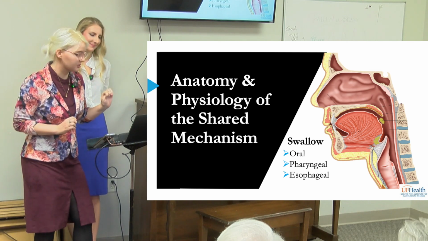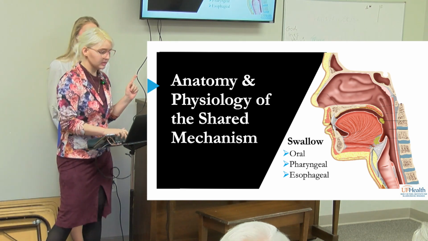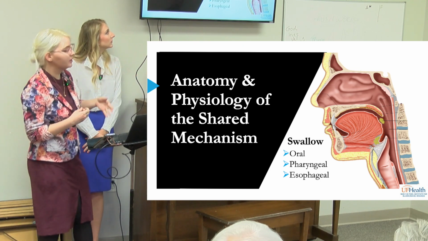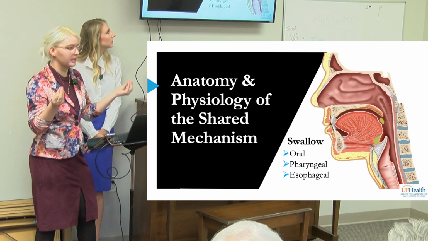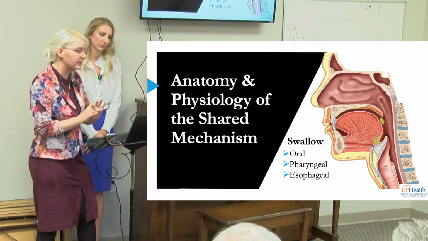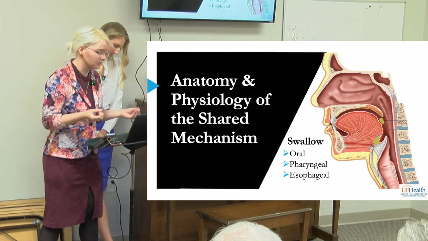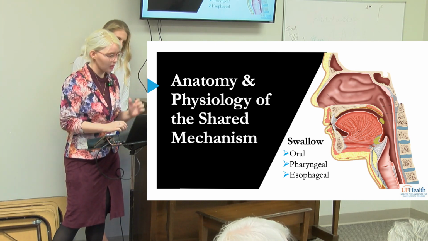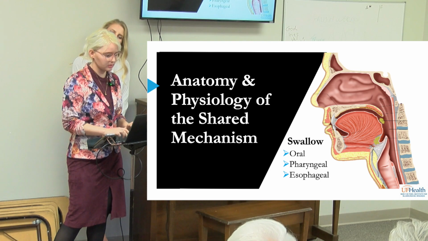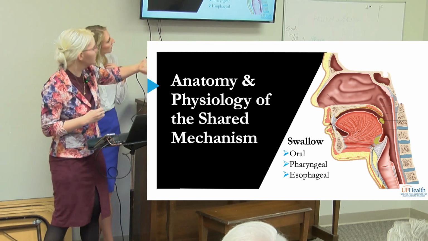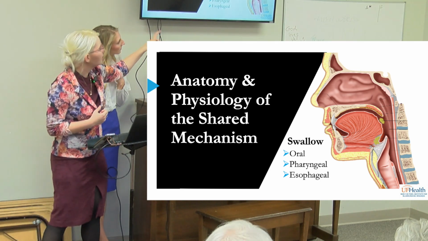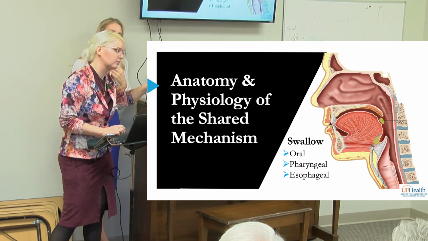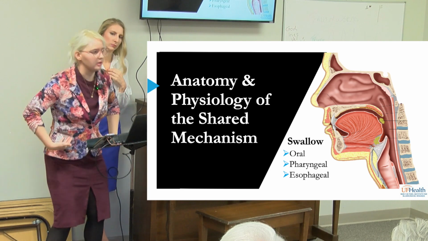There are 3 phases to it. And you'll see here that we have the same image we used to talk about speech, because the 2 mechanisms overlap quite a bit in the structures that they use. We have the oral phase of the swallow, which starts up here with the tongue and the mouth, obviously, and then it moves back into the pharyngeal cavity or the throat, and then we have the esophageal stage, which is in your esophagus.